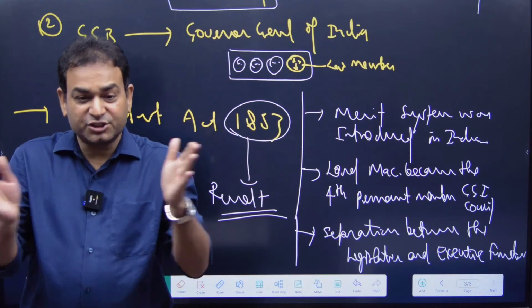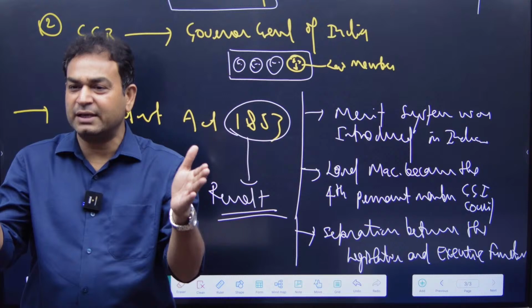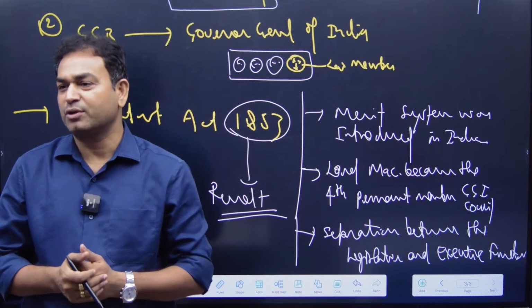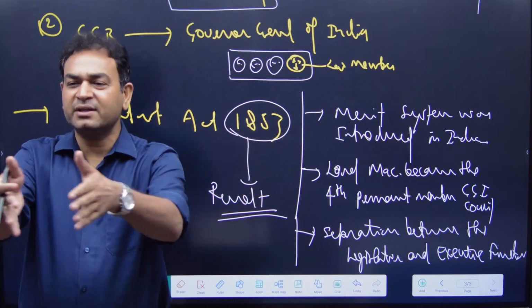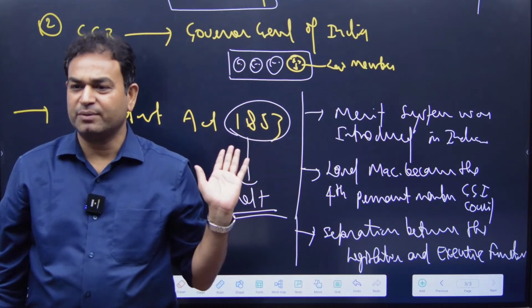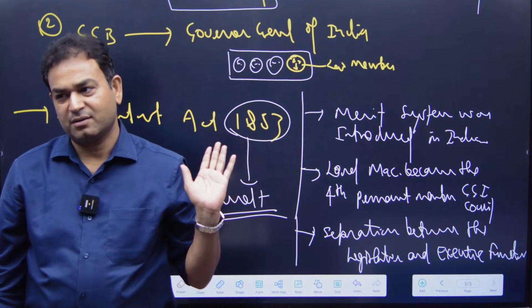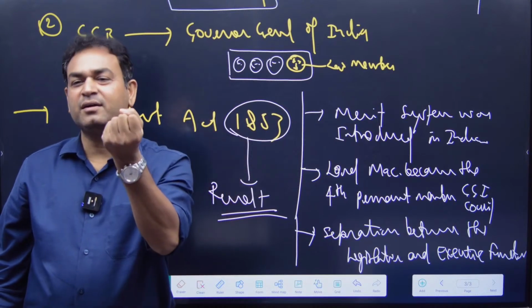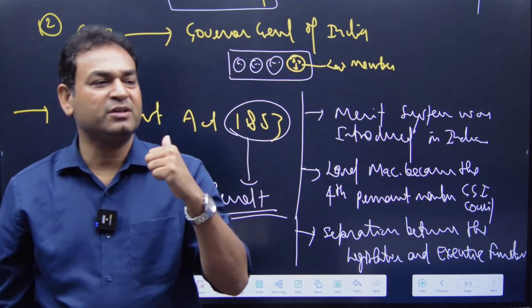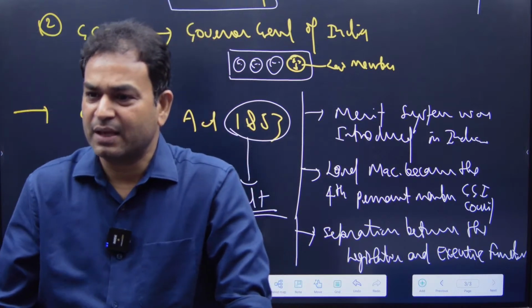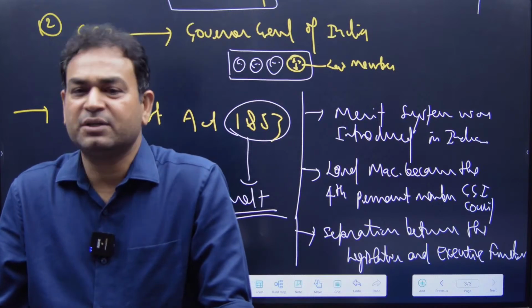The separation of executive and legislature, 1853. We can see a parliamentary cabinet, and centralized India in 1833. But it was during the East India Company, and the laws were made by the British Parliament.